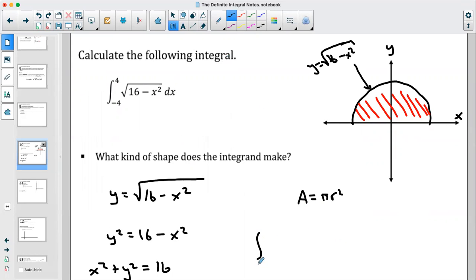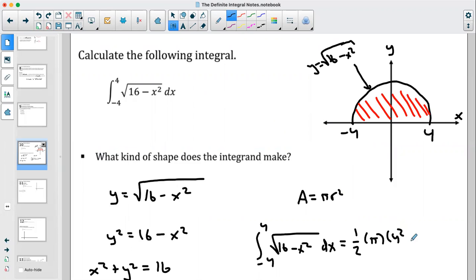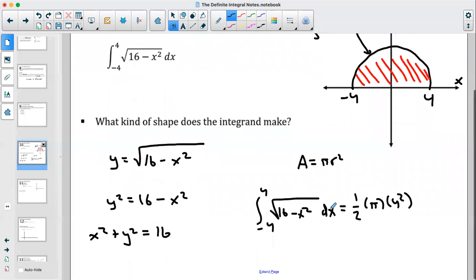So I can say the integral from -4 to 4 of the square root of 16 minus x squared dx is 1/2 of pi r squared, where r is the radius of this circle. Since that circle has a radius of 4, it's 1/2 times pi times 4 squared, which is 8 pi. 1/2 of 16 pi is 8 pi.